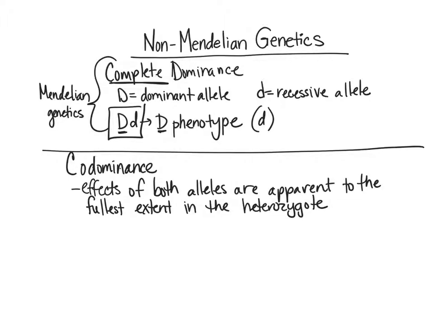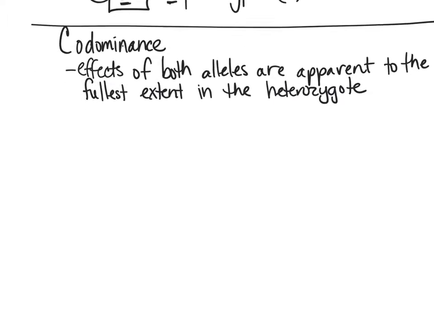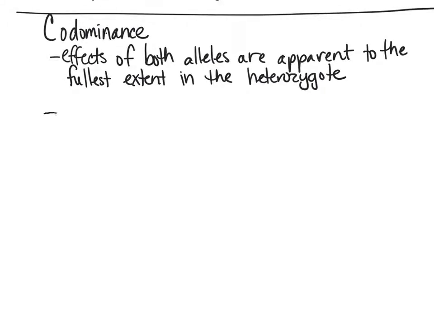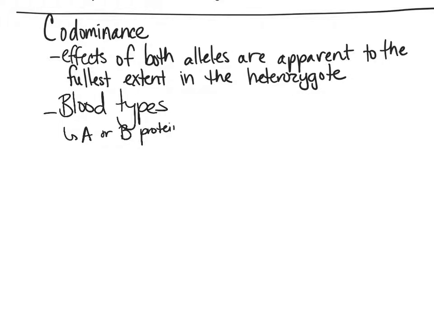One example of this would be blood types. In our blood types, we have the A and the B antigens that we see on our blood cells. Our alleles will code for A or B proteins on the outside of our red blood cells.